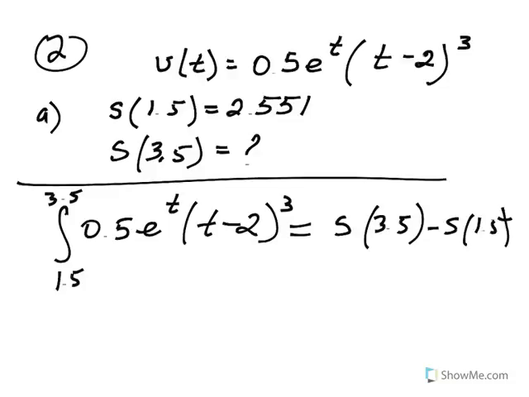Now it's a calculator question, so please take your calculator. I'm going to take mine. Clear everything, make sure you don't have anything on your screen, and you're going to press math 9. For the lower boundary you're going to put 1.5, and for the higher boundary you're going to put 3.5, and then you're going to enter your whole function.